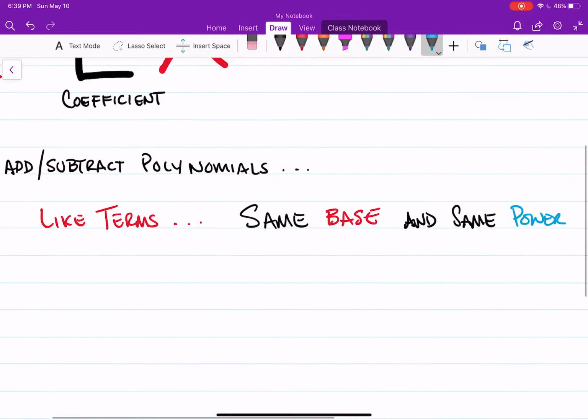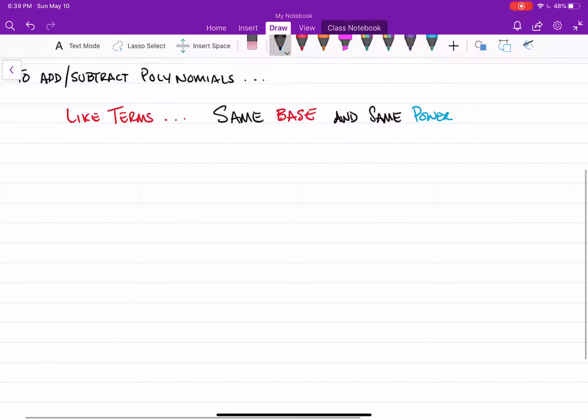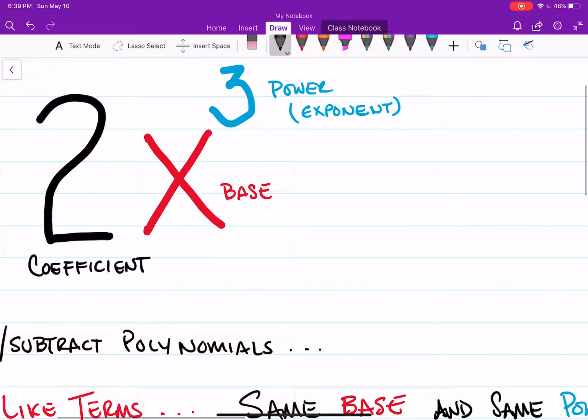Okay, so, the way I look at terms is that when you look at the variable, if it's an x, it's a certain fruit, right? If it's an x, it might be a banana. But if it's an x squared, it might be a plantain.